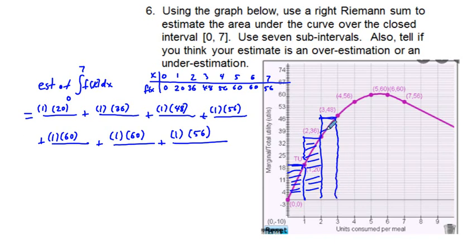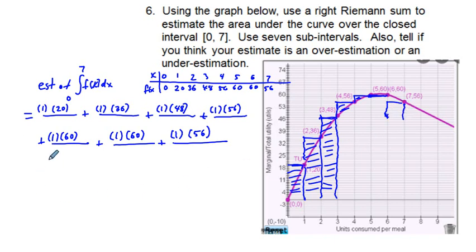So you see what's happening here? As long as we're increasing, each rectangle is going to overlap the top of the curve, so a lot of overlapping. Then it's going to be neutral here since we're going from 60 to 60. And really the only one that's going to be an underestimation is this last rectangle on the right.